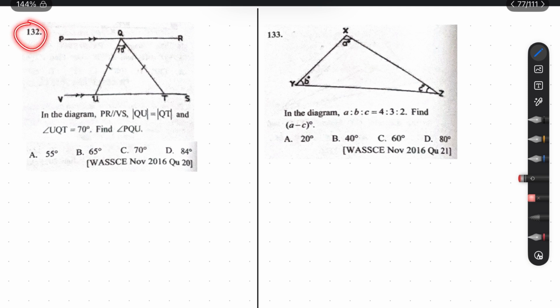Let's move on to question number 132. The question says, in the diagram, PR is parallel to VS, so this is parallel to this. And the lengths of QU and QT are the same. So that means this is an isosceles triangle. These two angles will be the same, because in an isosceles triangle, the base angles are the same.